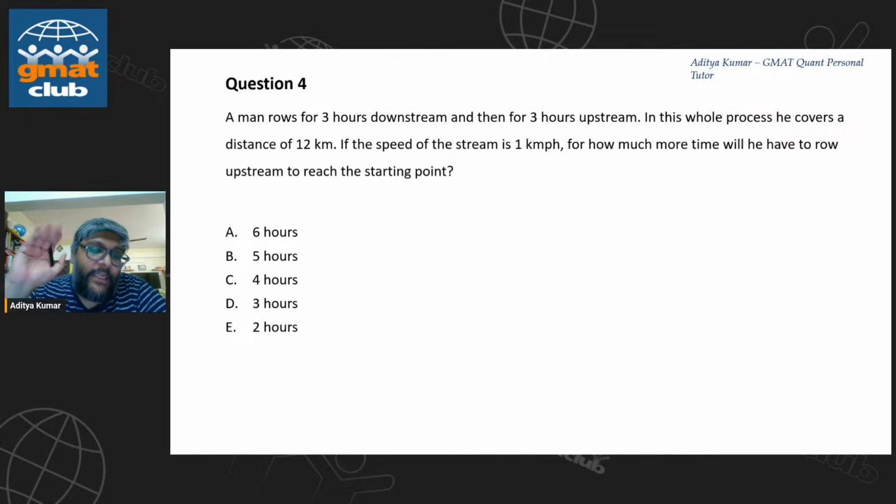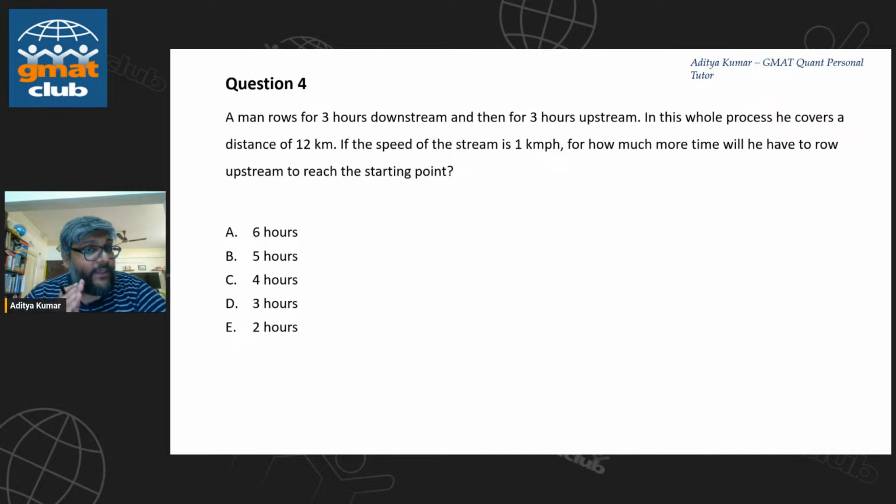He's rowing an equal amount of time downstream and upstream, but in my mind, I know that if he's traveling 3 hours downstream, he's traveling with the flow of the current. So in that 3 hours, he's definitely traveling at a faster pace. So he will travel more distance downstream and lesser distance upstream in that same time of 3 hours. That's what I'm visualizing in my mind.